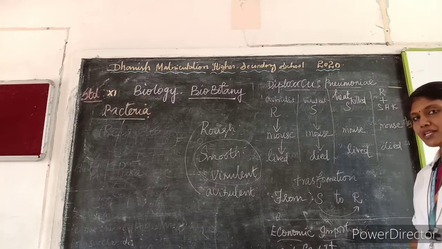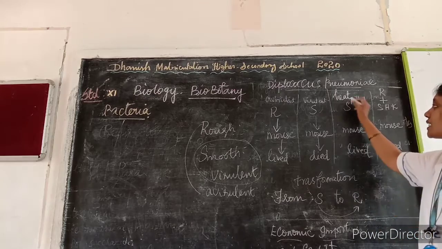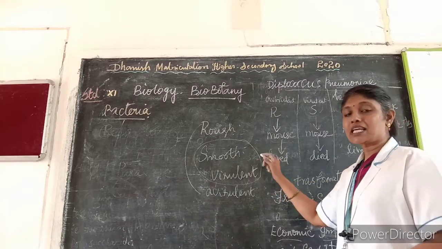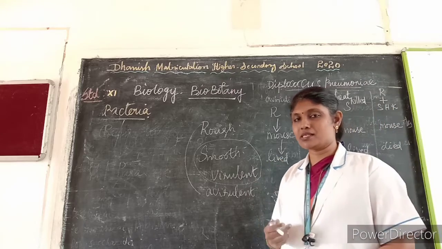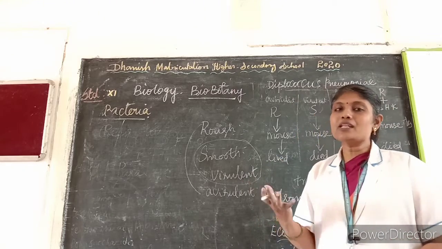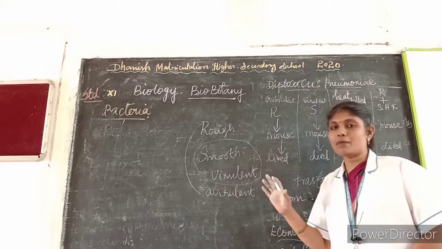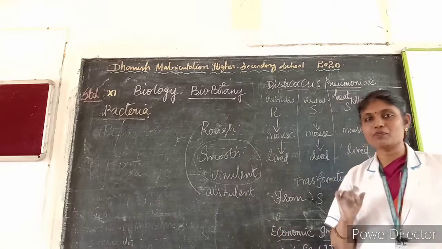Then he wanted to test with the heat-killed S type. Once this virulent type is killed by the heating process, the outer coating is getting heated up and it becomes inactive.